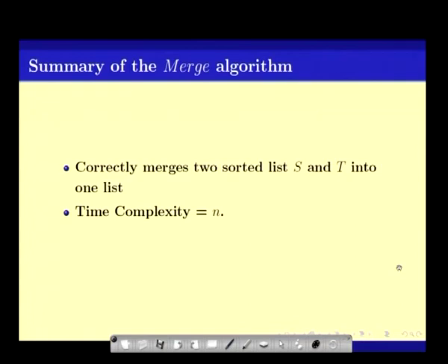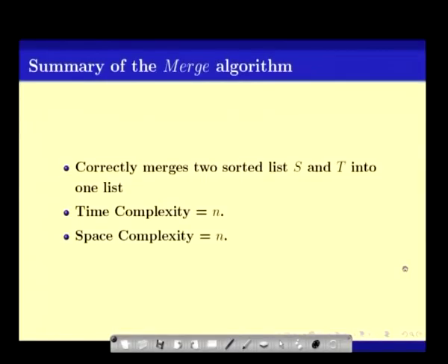For the time complexity, note that I have these sets L and R, where the sizes of L plus R total n. We move the left pointer from the first element of L to the last element, and similarly for the right marker. So both markers in total travel a distance of n, and thus the time complexity is n.